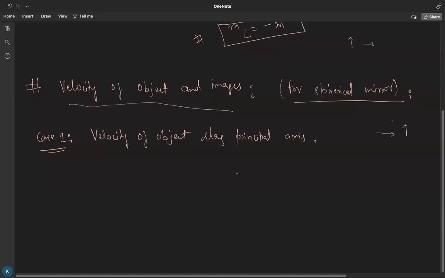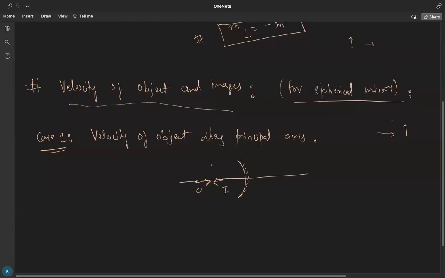Okay. So let us suppose this is our concave mirror, and this is our object, which is moving in the rightward direction, and let us suppose this is our image. I'm just assuming, right? This is not a fact. I'm just assuming that the object is moving in the rightward direction and somehow the image is moving in the leftward direction.